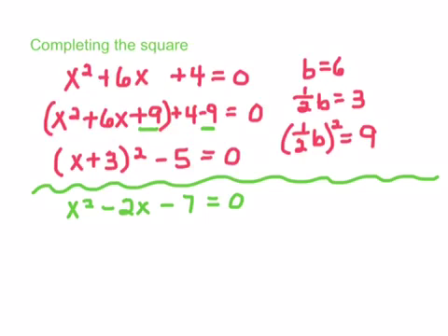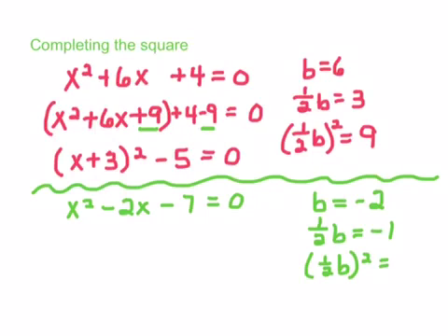Let's do another one. This time, b is negative 2. And half of b would be negative 1. Half of b squared would be 1. So we take the x squared minus 2x. We're going to close the parentheses after we add 1, bring down the negative 7.